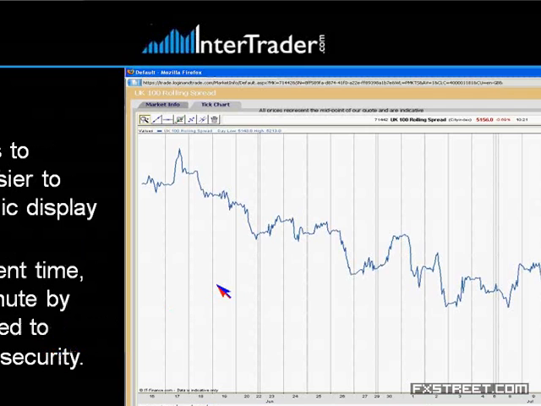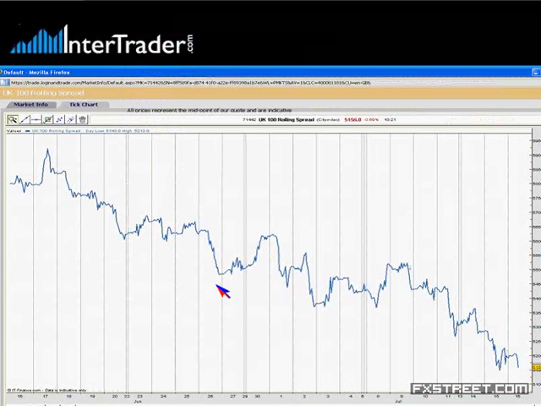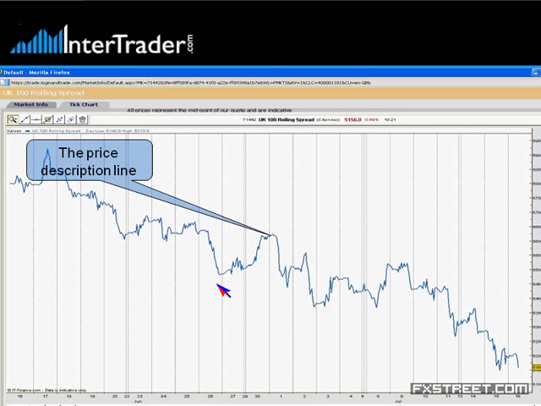So these are our charts. This is quite an easy example of a bearish line chart. We're starting on the high side on the left, moving down to a low side on the right. As in all charts, what we see is the line, which is the actual price of whatever security or commodity we're trading.